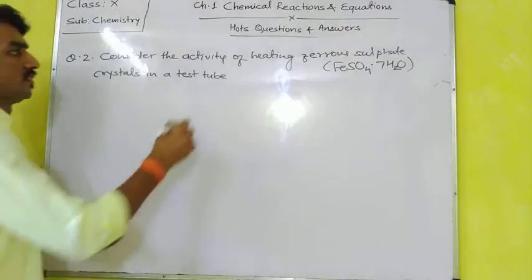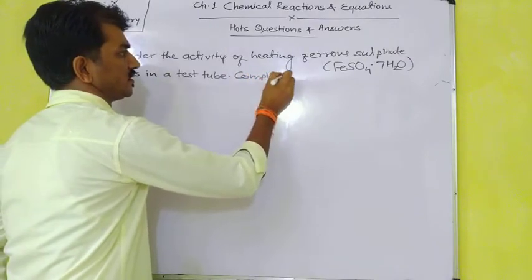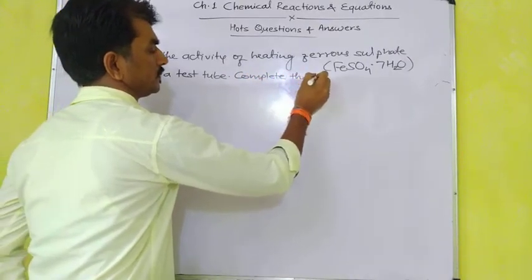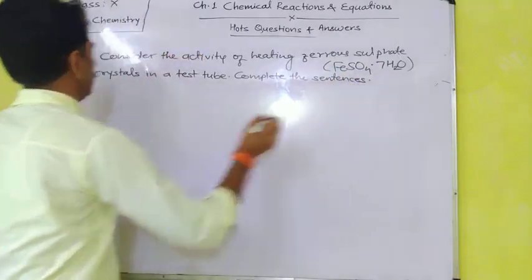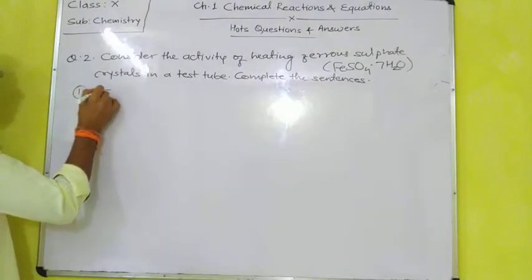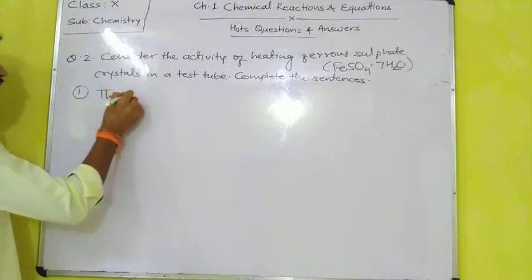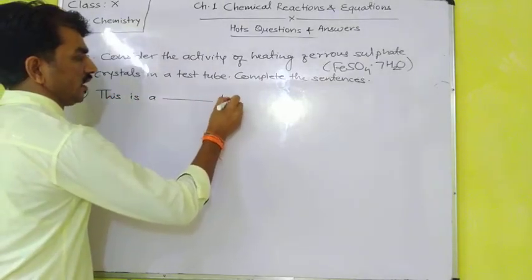Complete the sentences. Here it is written, complete the sentences. First, this is a blank type of reaction.